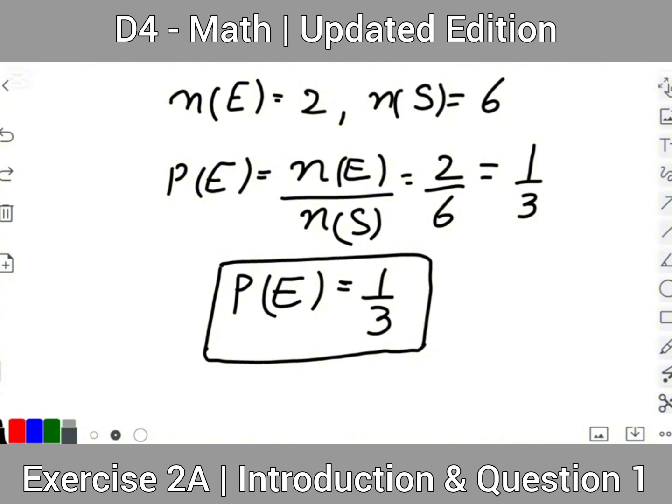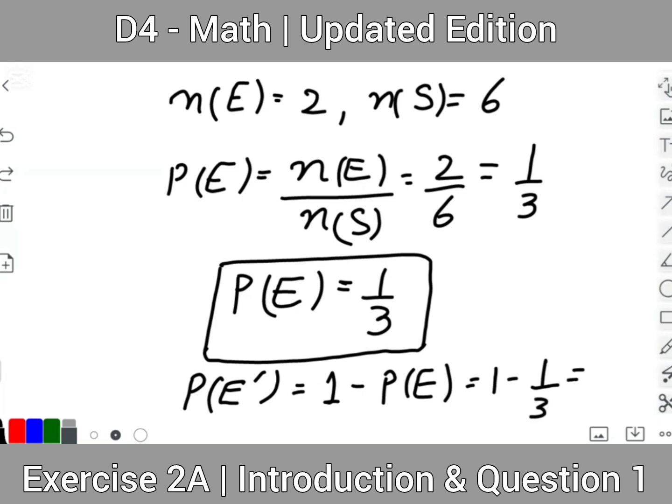If we see it here, now if we want to find the probability of the event that the number on the die is not a multiple of 3, that can be found by using the relation P of E prime equals 1 minus P of E. So in our case, this will be 1 minus 1 over 3, and it gives us 2 over 3.